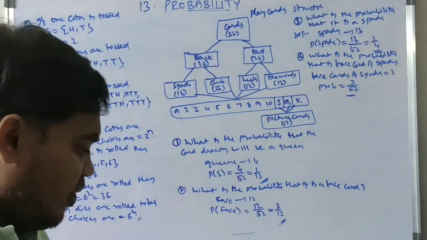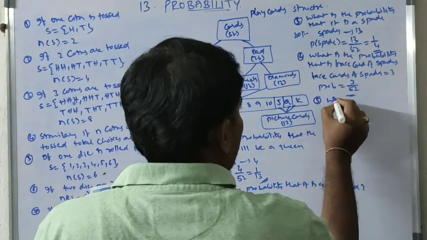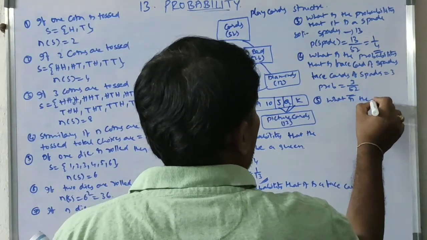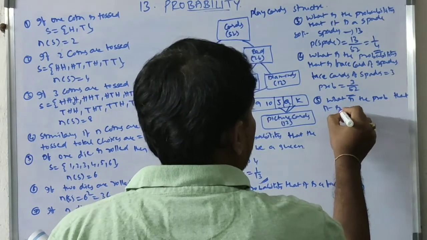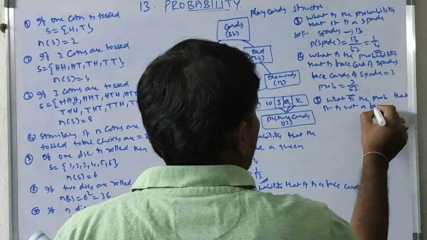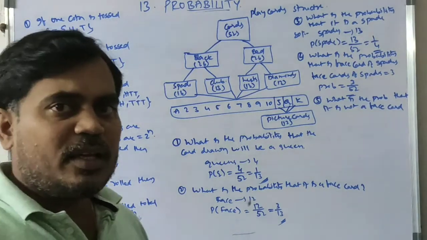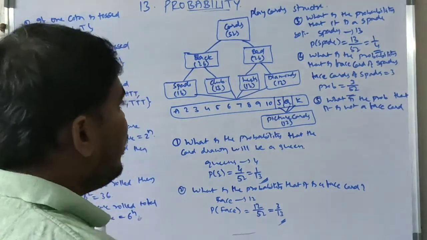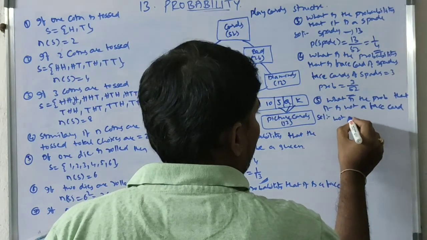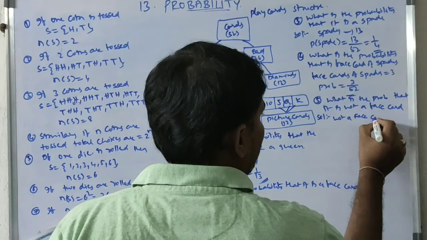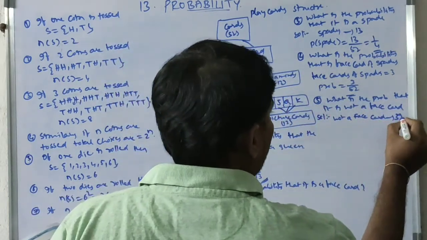Next, what is the probability that it is not a face card? How many face cards? 12. Other than 12, the remaining are not face cards. So not face cards: out of 52, other than 12, remaining 39.